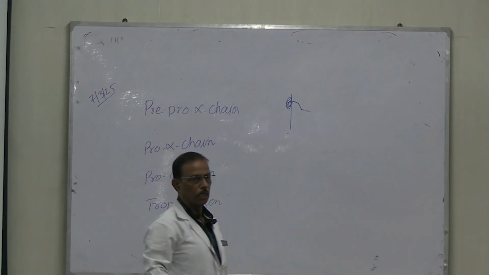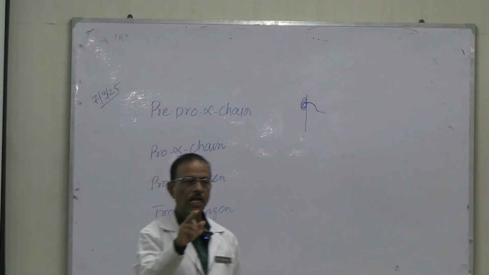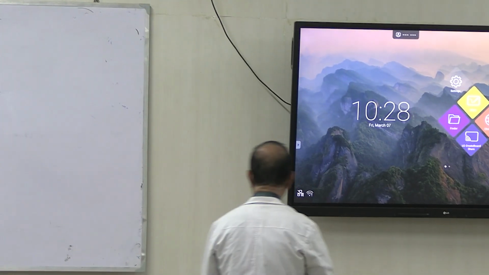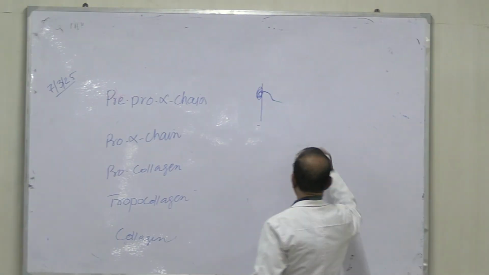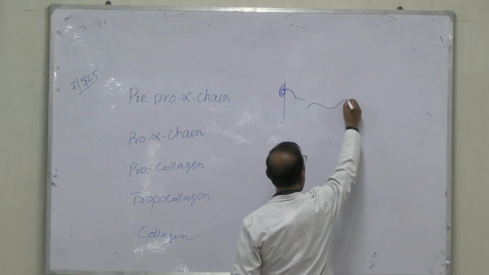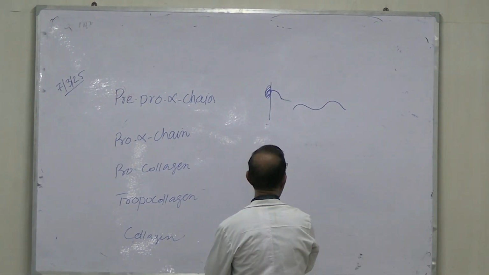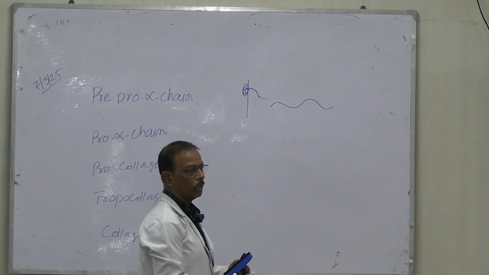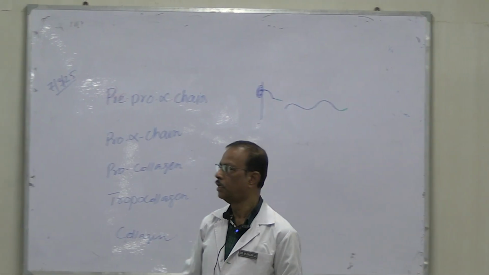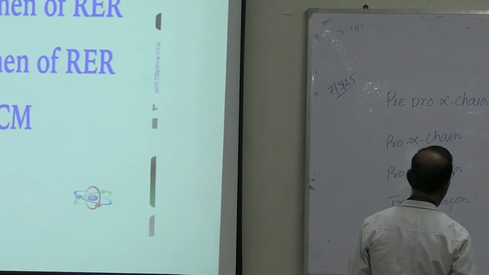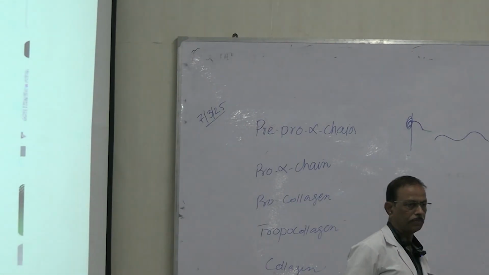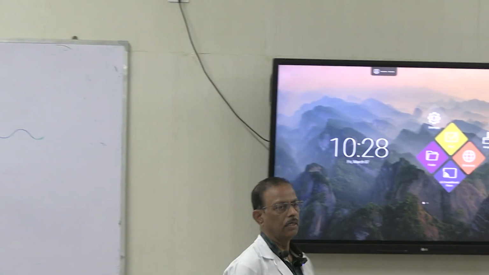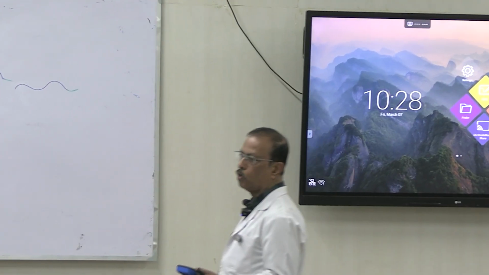Now, this alpha chain in its amino terminal has a specific amino acid sequence that is called the signal sequence. After synthesis it is released into the rough endoplasmic reticular lumen. In the lumen, the alpha chain containing the signal peptide is termed the pre-pro alpha chain.